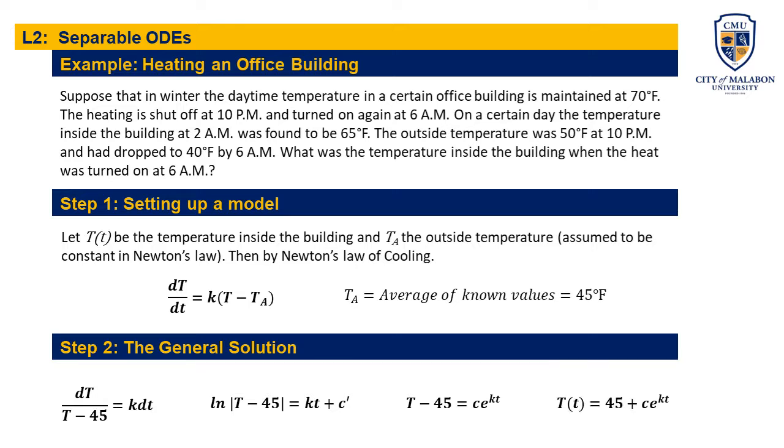And then to get the general solution, we simplify this equation so that the temperature as a function of time is equal to 45 plus C e to the kt.